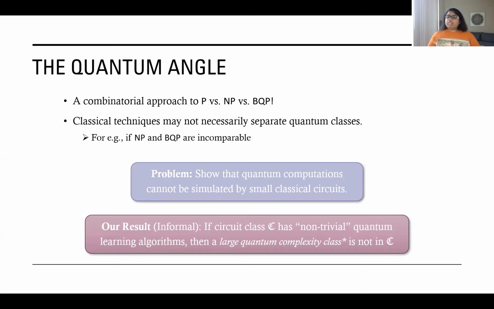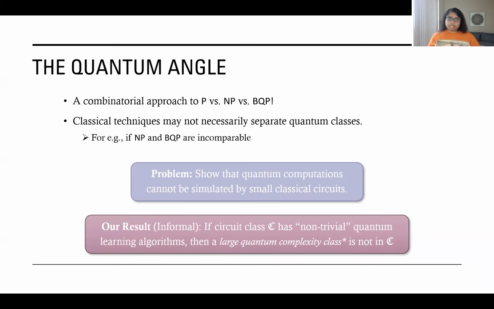We don't solve the problem entirely, but we take one step in some direction: if circuit class C has non-trivial quantum learning algorithms, and I'll define what this means as we go forward, then some very large quantum complexity class is separated from C. So C is strictly contained in that class.